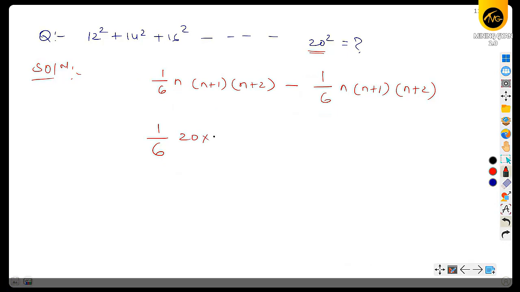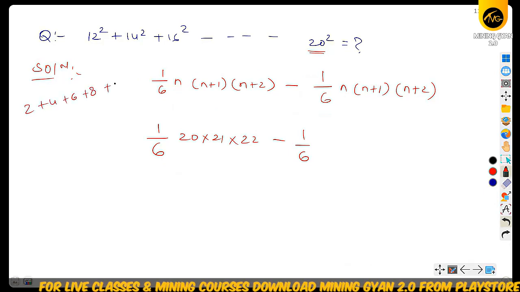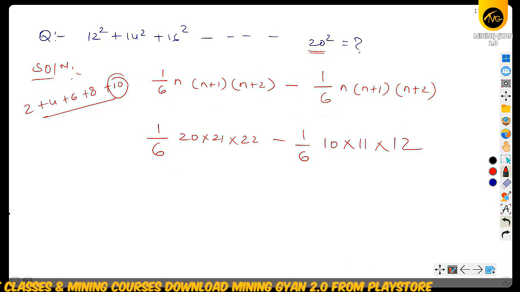So 20 into 21 into 22, times 1 divided by 6. Now what is n for the subtracted part? The series is 2 plus 4 plus 6 plus 8 plus 10. Now 10 is the highest number. So n is 10, n plus 1 is 11 and n plus 2 is 12.